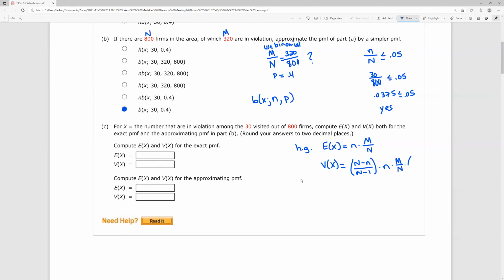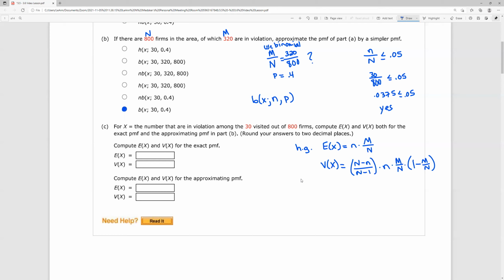And then you'll see at the end, there's another parentheses, 1 minus M over N, which is kind of like 1 minus p, which is q. So this part should look familiar. You can look in the textbook to see how they came up with that information. We're not going to ask you to prove any of that, so I don't want to spend time going through these proofs for you when you're really just going to be doing computations.